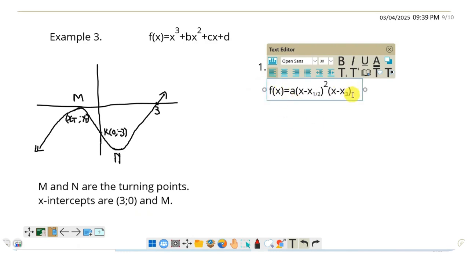So I'll say f of x equals a times something, but a we know, right? A is 1 because it's given. The value of y for the y-intercept is 3, a is 1, x is 0.